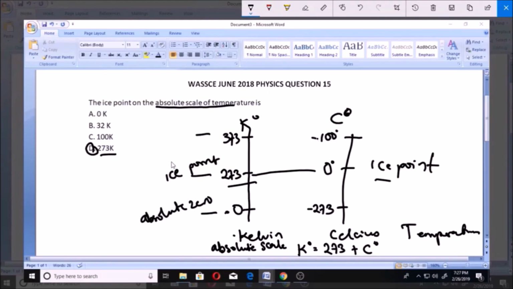So take note of all these. So the right answer is 273 when you're taking it in the absolute scale of temperature, which is the Kelvin scale. You understand? But if you're taking it in the Celsius scale, it will be 0 degrees Celsius. But you can see that everything here is in Kelvin. So that makes the answer to this problem.